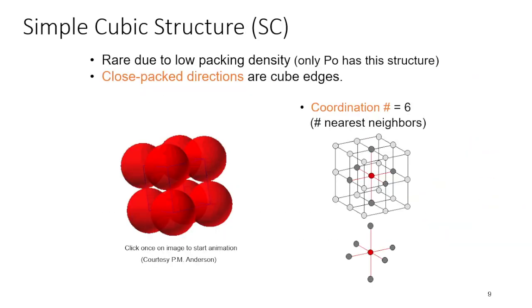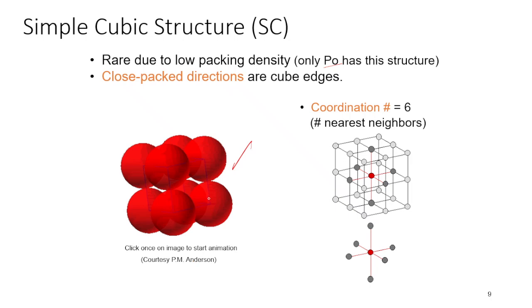First, let's look at the simple cubic structure. This is how a schematic representation of the simple cubic structure usually looks. It is actually quite rare. Very few crystals have this structure, like polonium or cesium chloride. The coordination number is 6, that is, each atom is closely bonded to 6 other atoms.